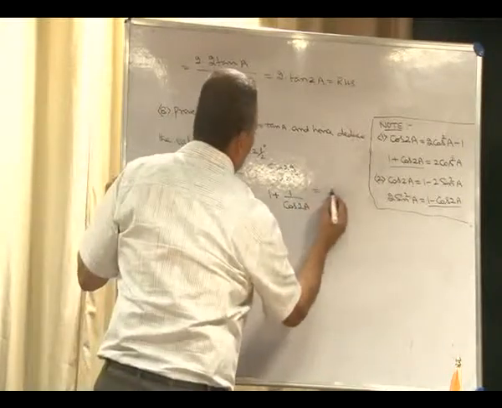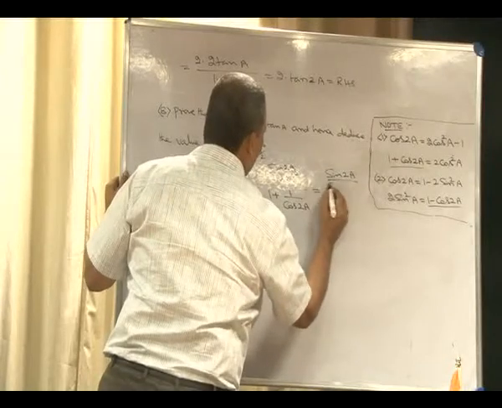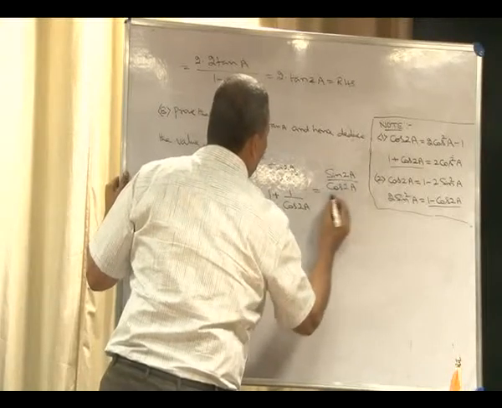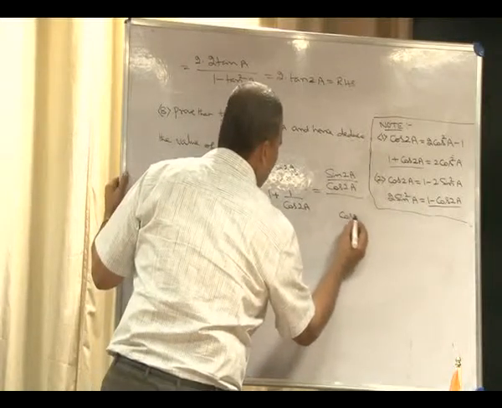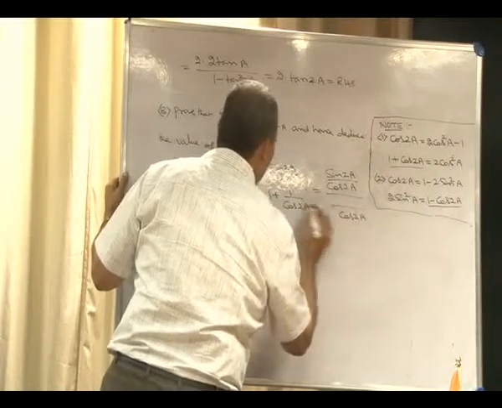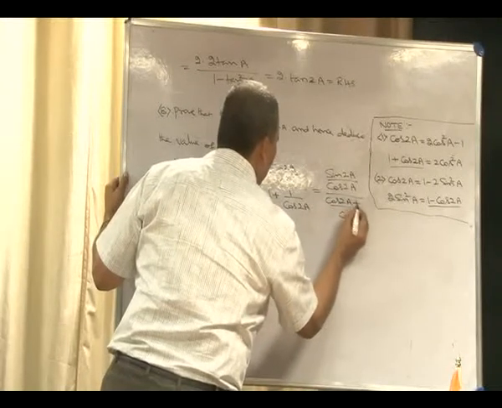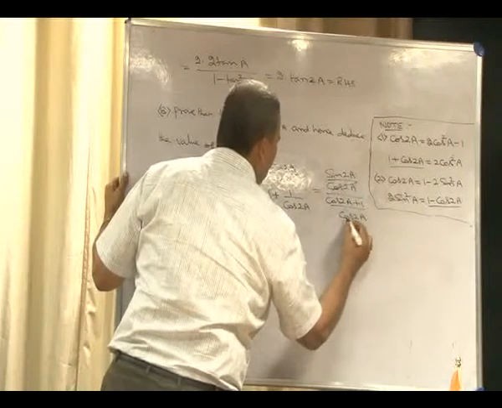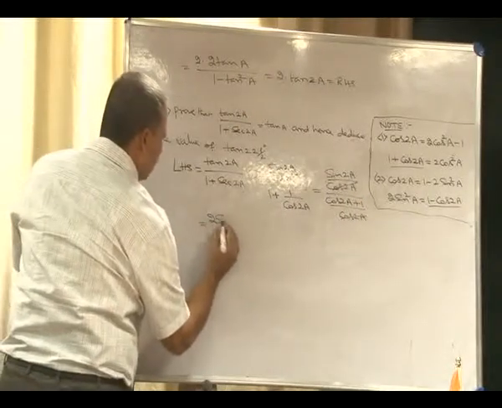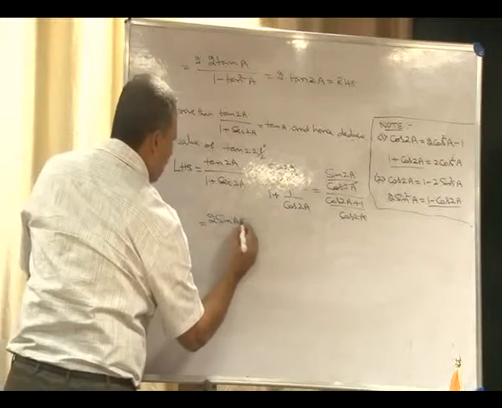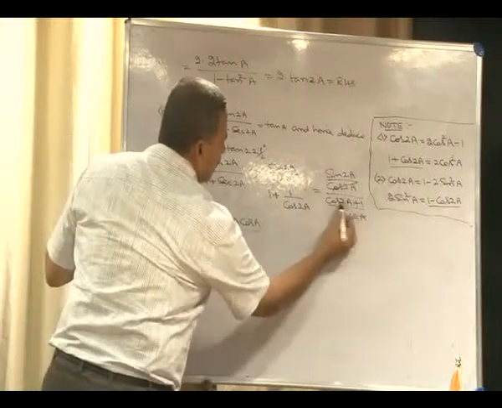That is equal to sin 2A by cos 2A by the LCM of 1 and cos 2A, which is cos 2A, so in the numerator it is cos 2A plus 1.